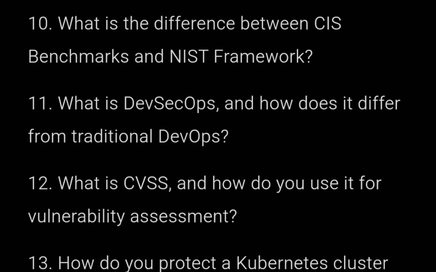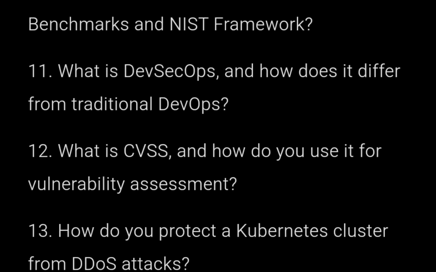And what is CVSS and how do you use it for vulnerability assessment? Generally, CVSS is the Common Vulnerability Scoring System, which is based on vulnerability detection. There is a preset of rules defined in it, and it displays the severity score of a vulnerability from, let's say, 0 to 10.